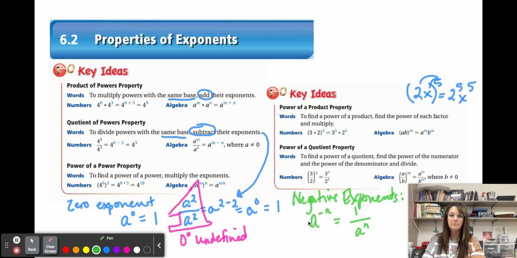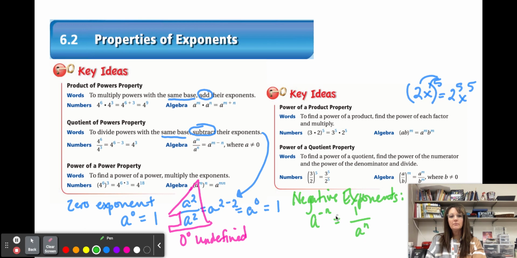You're going to take the reciprocal of the base, and give it a positive exponent. So we always think of exponents as repeated multiplication. So this 2 to the 5th is telling us how many times 2 is a factor: 2 times 2 times 2 times 2 times 2. If that were a negative 5, it would be like a repeated division: 1 over 2 divided by 2 divided by 2 divided by 2, and so forth.